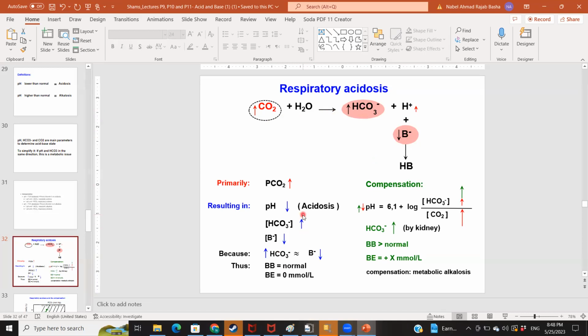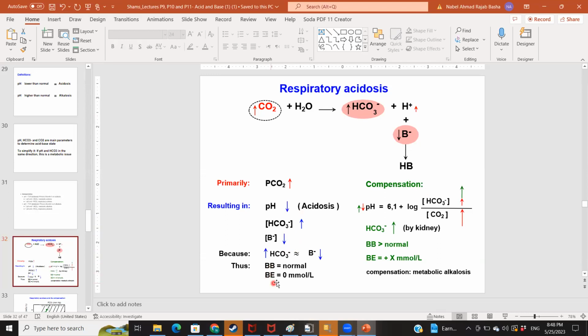So we end up with high bicarbonate and low other anions. The end result is that the total number of bases, bicarbonate plus the other anions, is the same. But I think this is very detailed, and you don't need to know it.